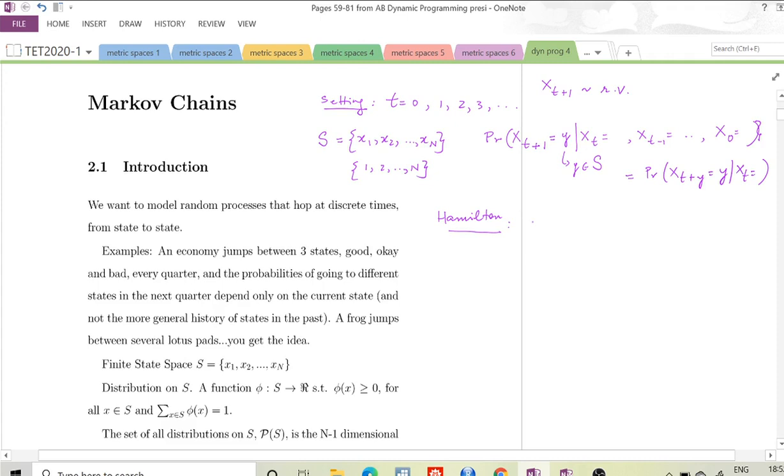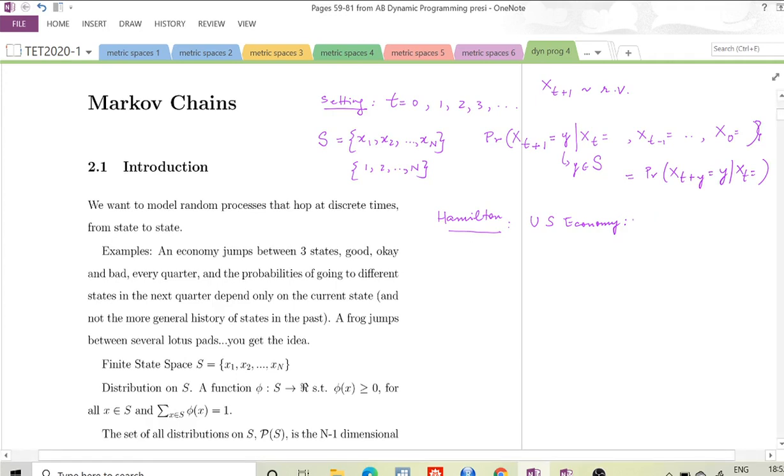So Hamilton estimates for the US economy the following. He has a very simple model in which the US economy can be in any time period, and time periods are discrete in Hamilton's simple model, and a single time period corresponds to 1 quarter. Okay, a quarter is a natural thing when data on things like GDP are collected every quarter.